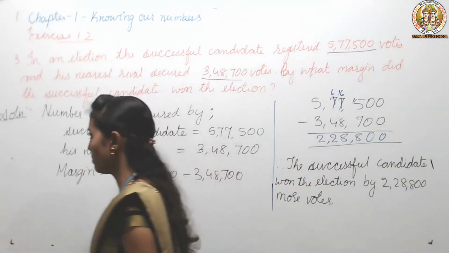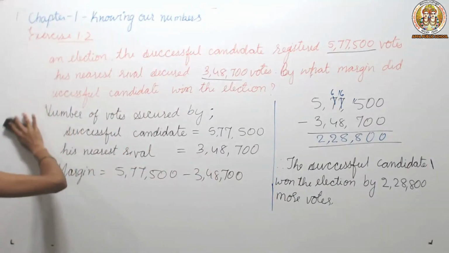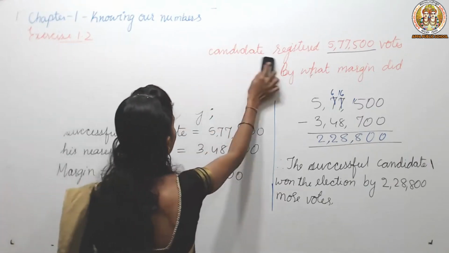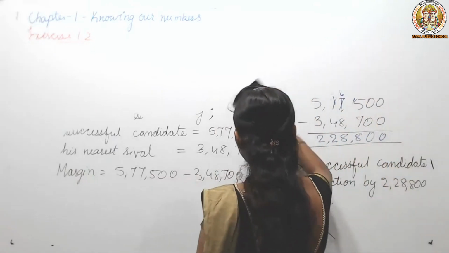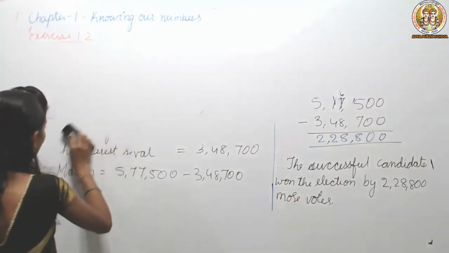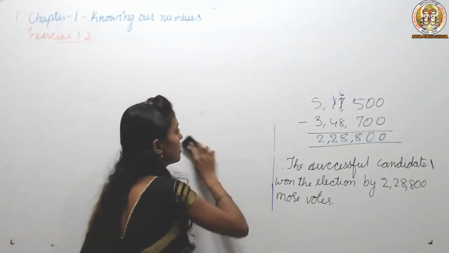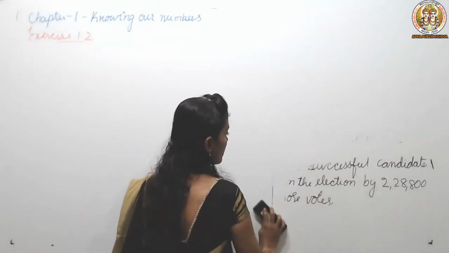Next, fourth problem. In the fourth problem, they have given a bookstall, Kirti bookstore. In that bookstore, they have given the sale for 2 weeks of June month.